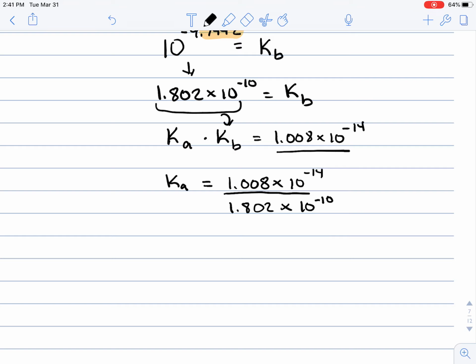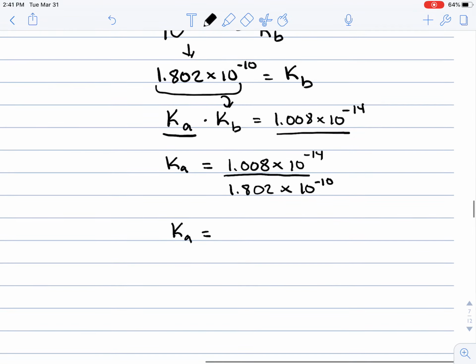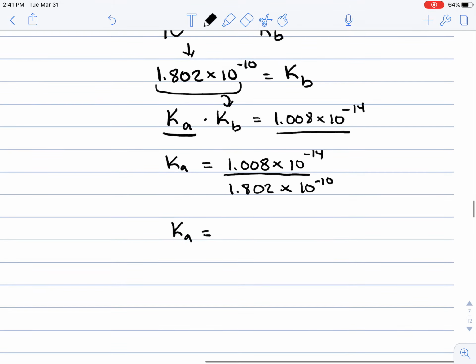I plugged in the value for Kb, and to solve for Ka, I'm going to divide Kb to the other side. And so the acid ionization constant, or Ka, is going to be 5.59378, and I'm sure there's a whole bunch of numbers, times 10 to the negative 5.